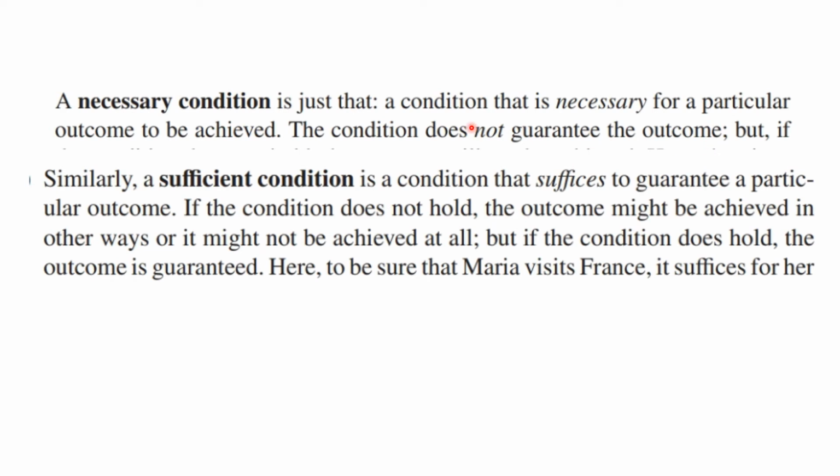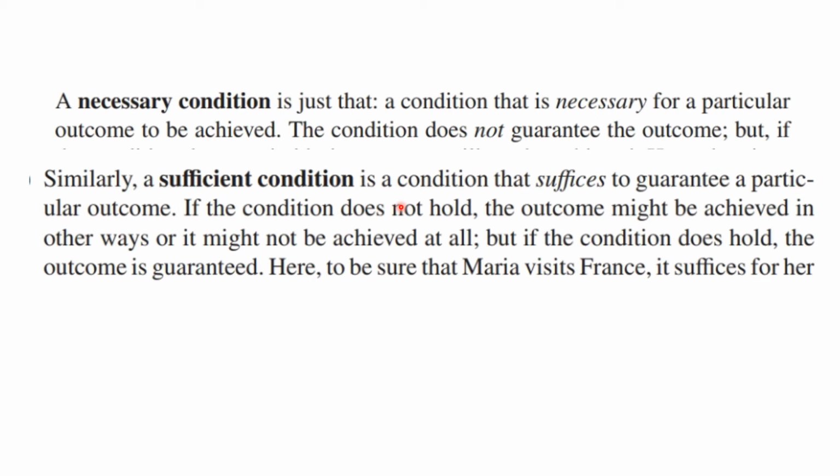So for example, if we had if P then Q, we would say that Q is necessary for P. Similarly, a sufficient condition is a condition that suffices to guarantee a particular conclusion.